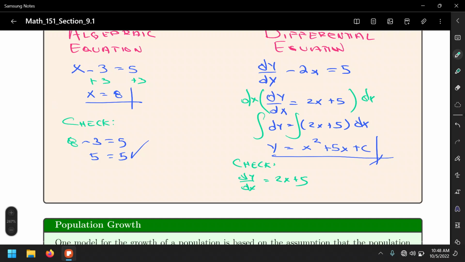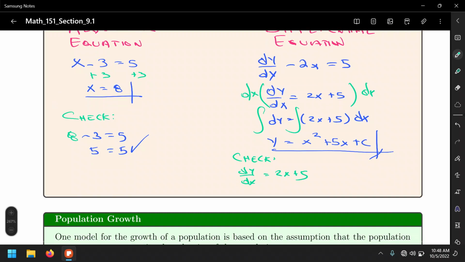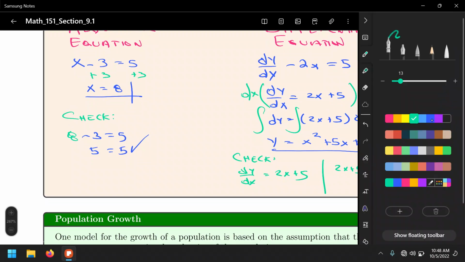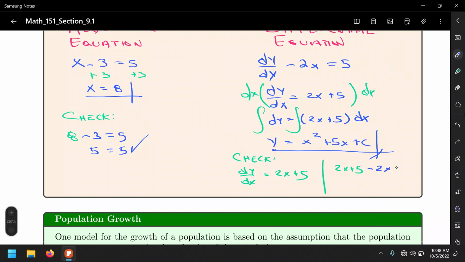So coming back to the equation, what are we going to do? 2x plus 5 minus 2x, is that equal to 5? That's the question. Notice how the two 2x terms cancel, and in the end we get 5 equals 5. So indeed, this is a legitimate solution to that equation.